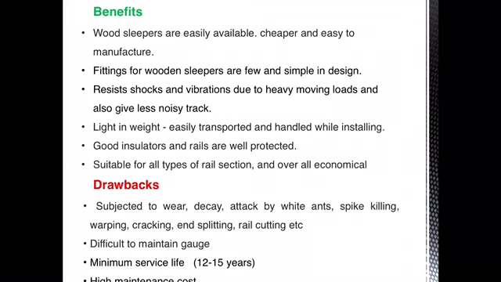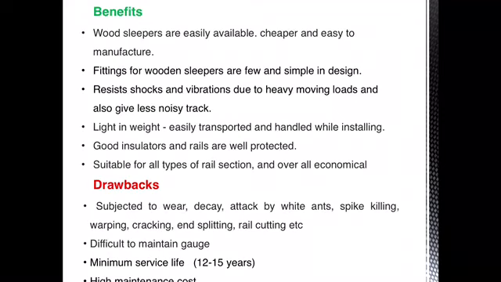These wooden sleepers are able to resist the shock and vibration due to the moving loads, and they also give less noisy tracks. Wooden sleepers are light in weight, easy to lay, relay, pack, lift, and also to maintain. It is suitable for all types of ballast, overall it is economical, and it also acts as a good insulator, and the rails are well protected.